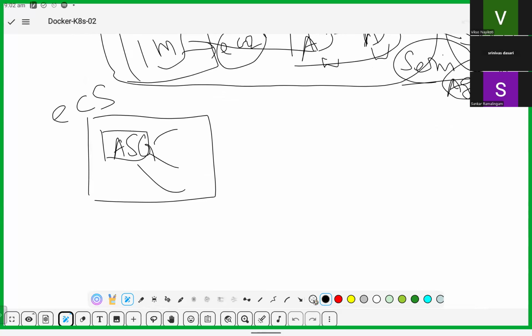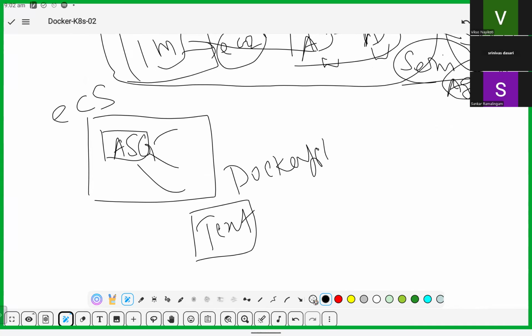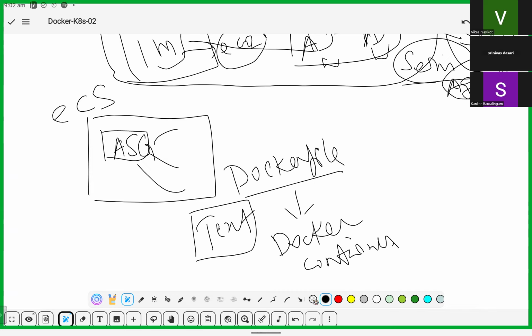How is a Dockerfile written? It's a plain text file, right? A Dockerfile is the base for running Docker containers. What is the workflow for a Docker container?